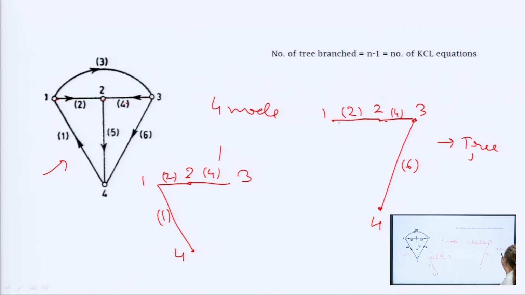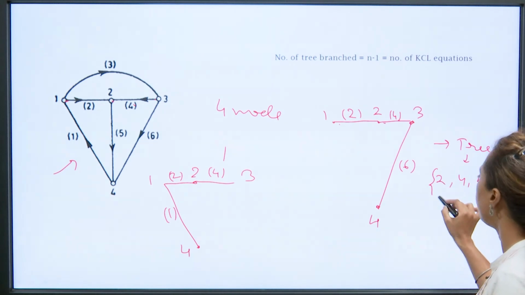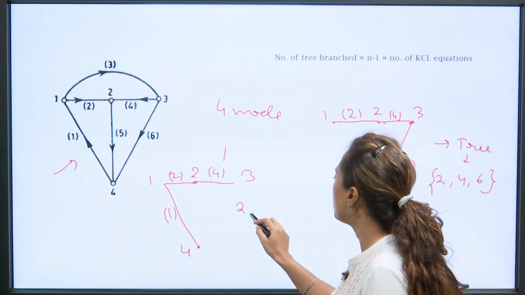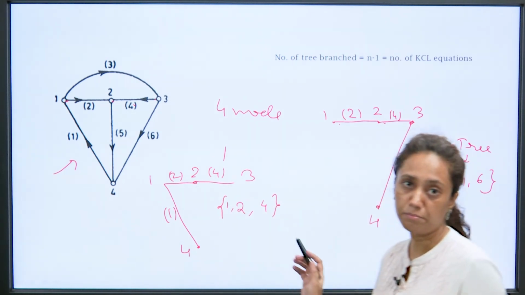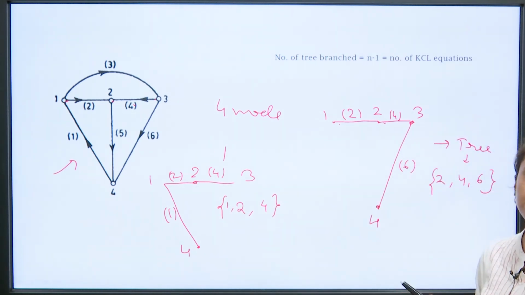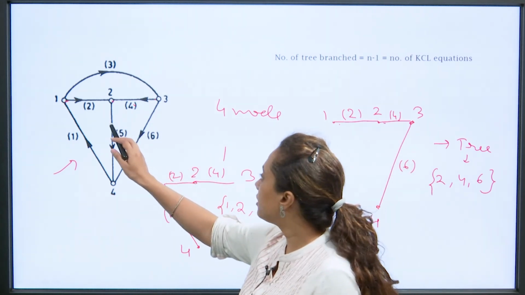So, the tree here is 2, 4, 6, this is one tree. This combination, 1, 2, 4, is the second one. The main basic properties of a tree are that it should have all the nodes and there is no closed path between them, right.